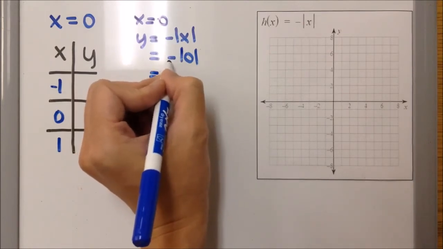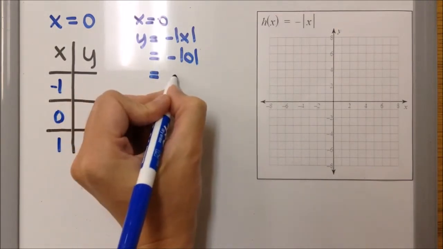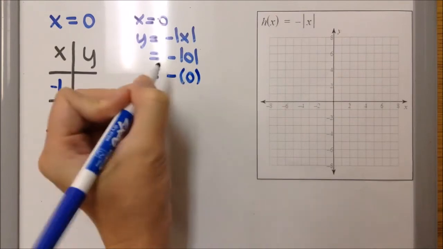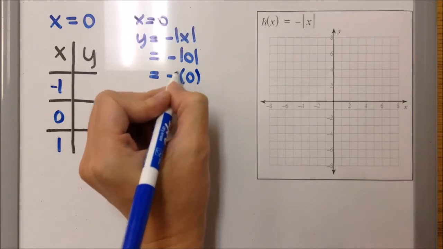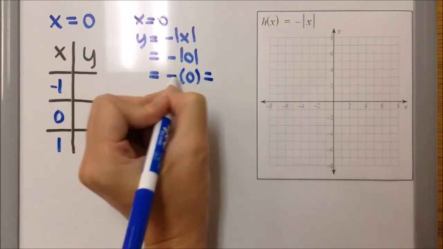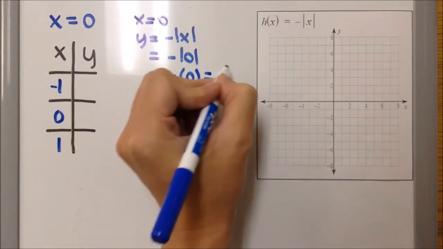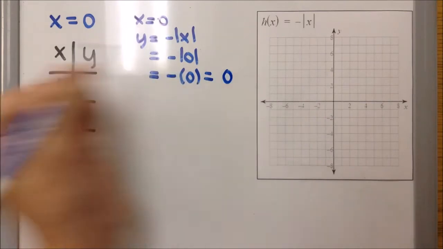In this case, we have a negative. So the absolute value of 0 is 0. Now I changed from absolute value to parentheses because maybe we might in the future have a number. So we're going to distribute this negative to 0. Well, 0 is a neutral number, so it won't be neither negative nor positive, so it's just 0.